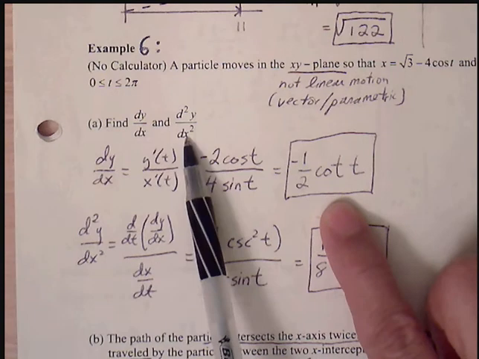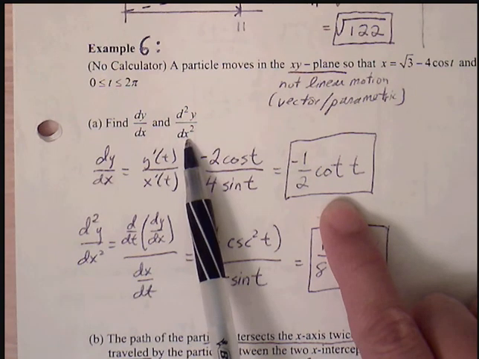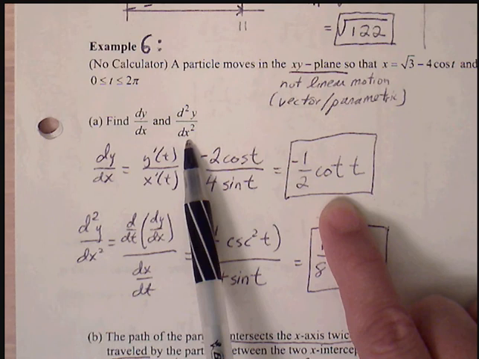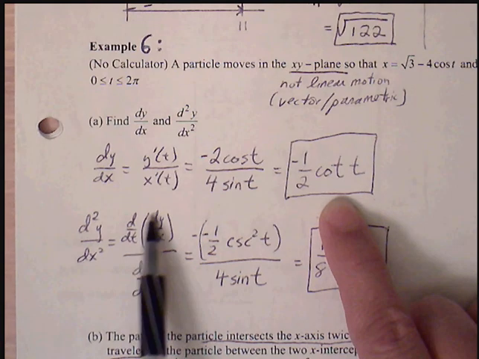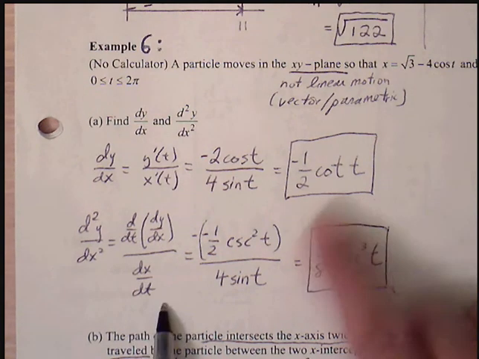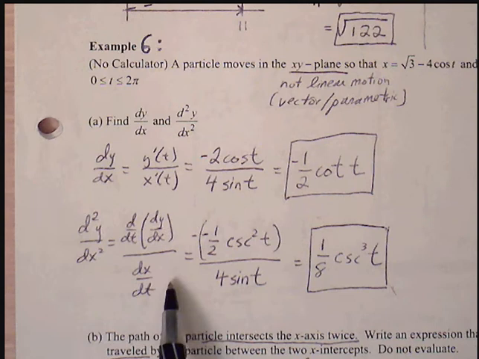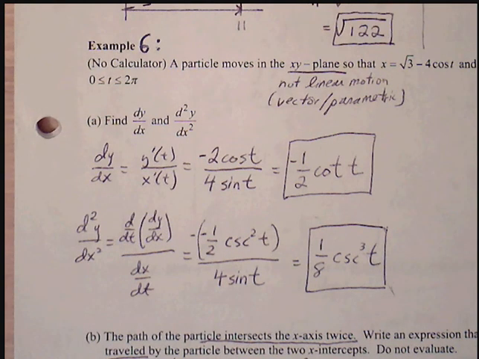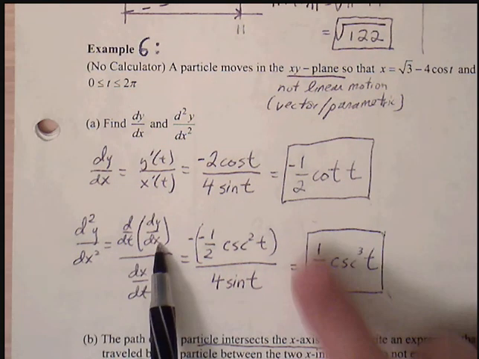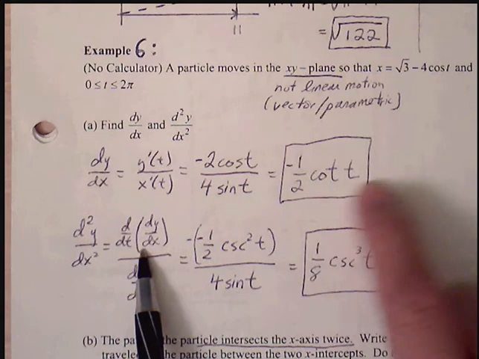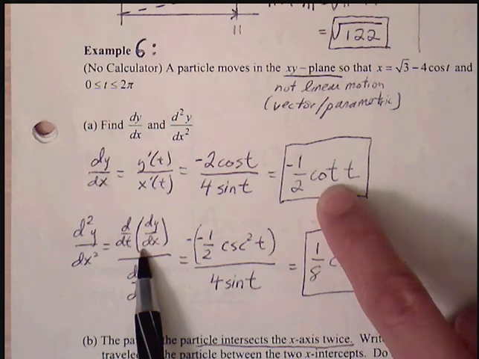Now I want to find the second derivative, d2y over dx2. Now if we think about our formula for the second derivative, we're finding the derivative with respect to t of dy over dx, all over dx over dt. So we talked about where and how this second derivative formula was created. So the derivative of dy over dx, we simply look at our previous result. So we just want to find the derivative of negative 1/2 cotangent of t. Well, let's see.